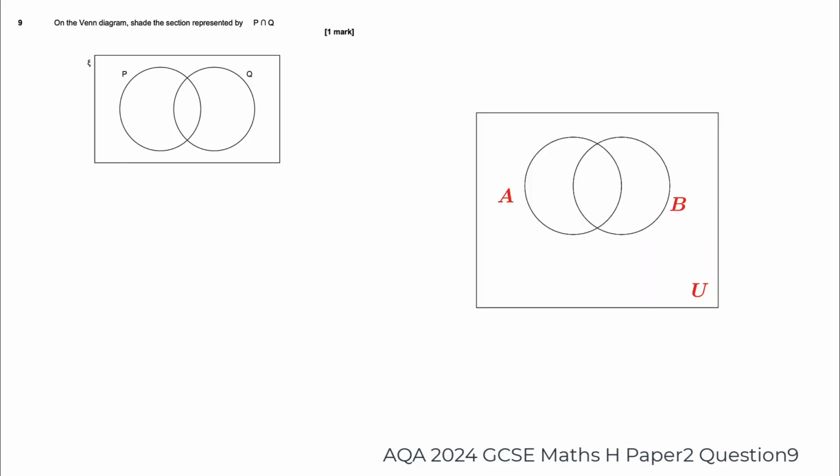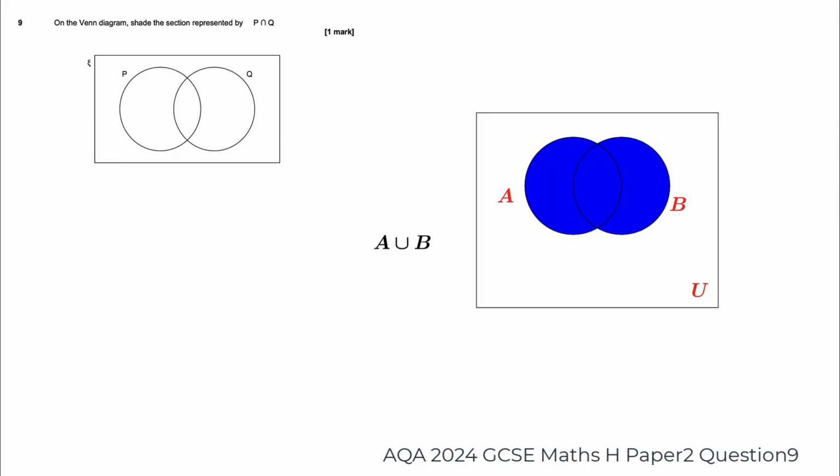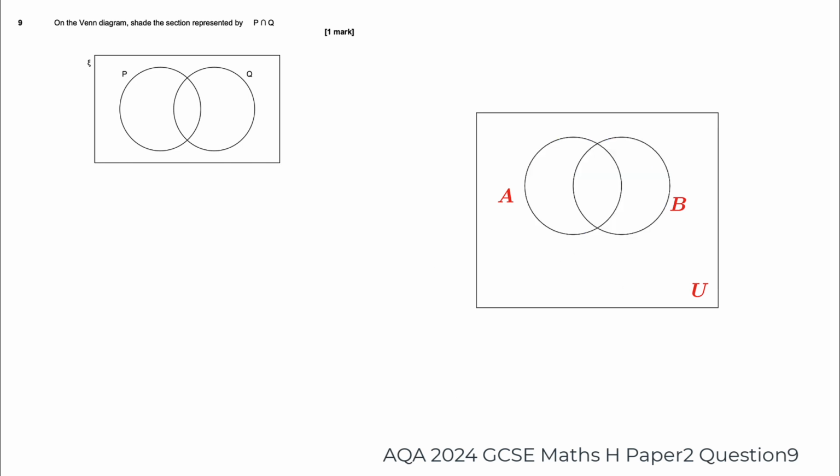Another thing you should know is A union B. Everything that's in either A or B combined. That's called the union. And then the one that's relevant for this question is the things that are in A that are also in B. They're in A, they're also in B, members of A and members of B. And that's the A intersection B. So that's the one that we're after just now.